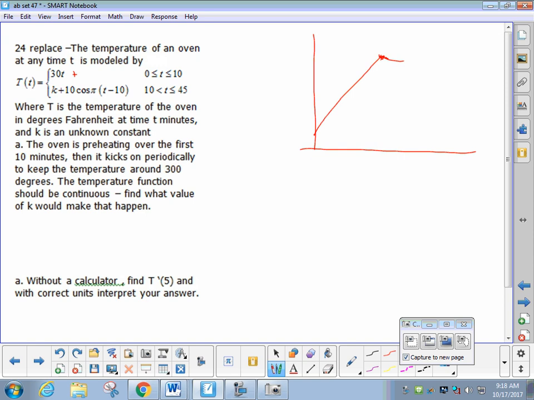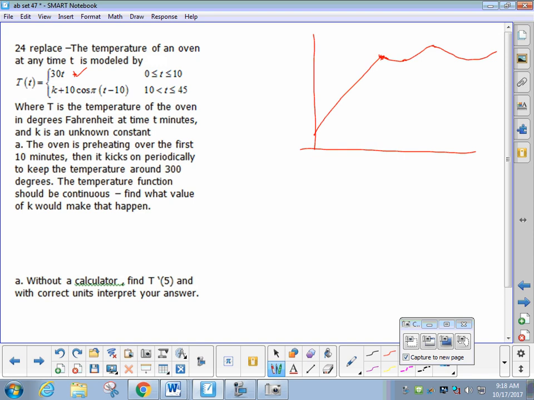And it turns on and it'll actually heat it past 300 and then it'll kick off again. And then it'll start to fall until again it says, oh, too low, and kicks on. And so the temperature of an oven actually would be modeled by something like that, where you are constantly growing until you get to the desired temperature, and then it has a sinusoid kind of periodic wave after that.